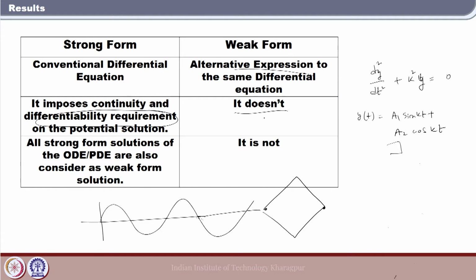So, in the weak form we can approximate some solution, but that does not maintain all the differentiability requirements of the solution, right. So, in one way, all strong form solutions can be weak form solutions, but not all weak form solutions can be strong form solutions. Okay.